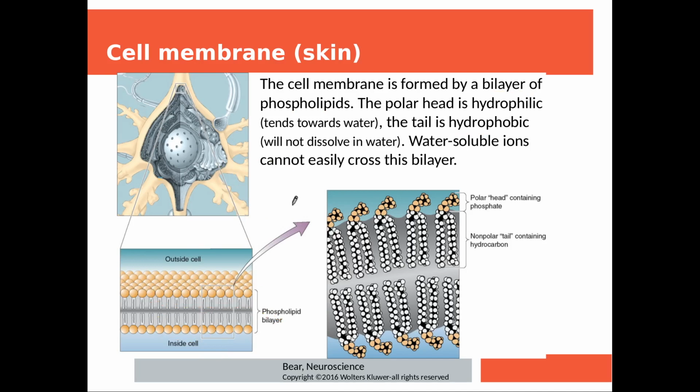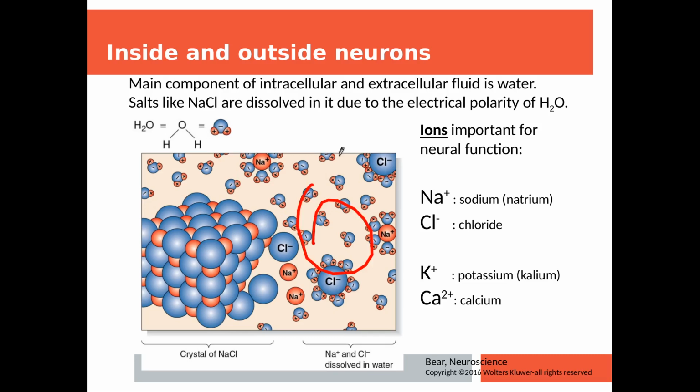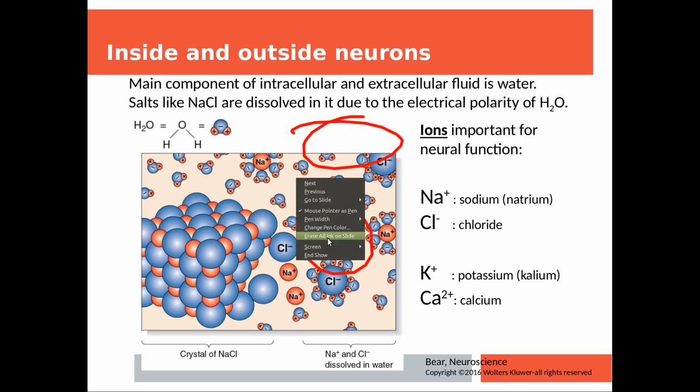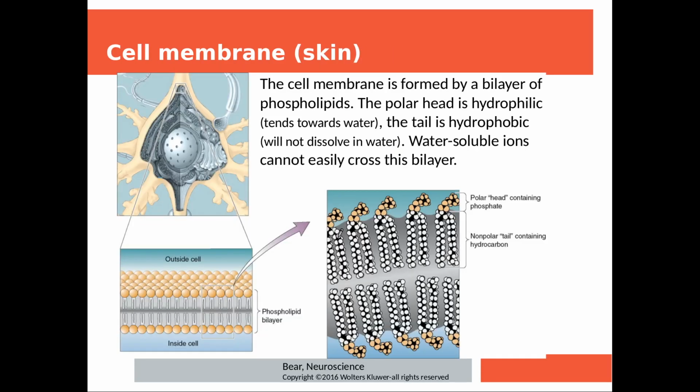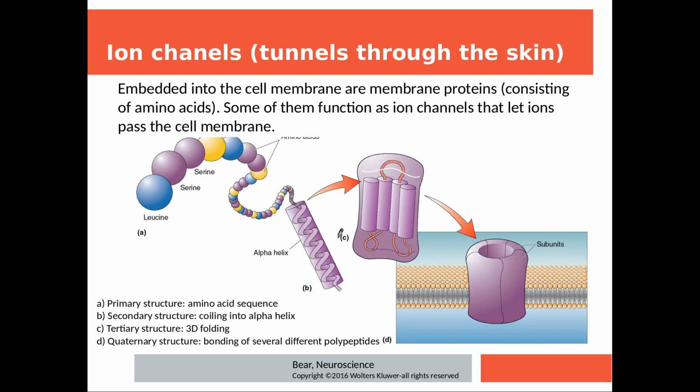But I mentioned that there's ions inside and outside the cell, right? So how do they move between? You can't magically teleport inside the cell. Well, the same way that human skin has pores, holes in your skin that let sweat and things go out, in cells you have membrane proteins embedded in the skin.